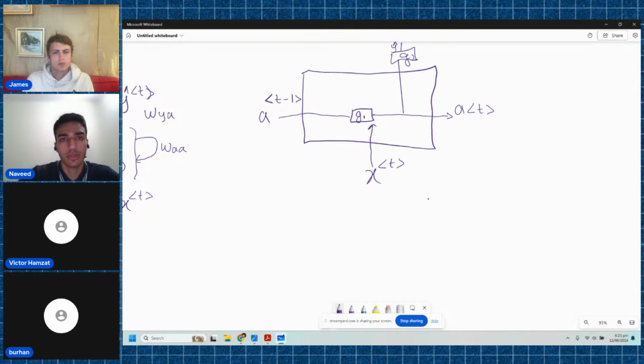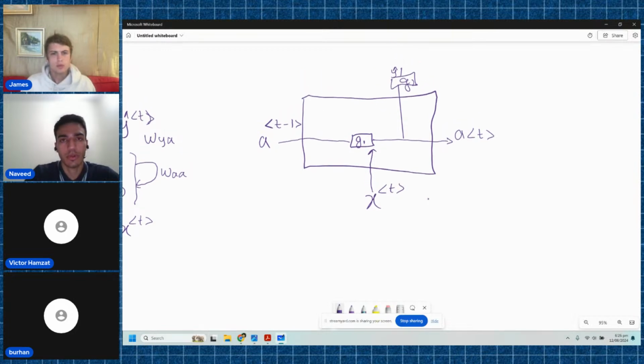This diagram is also common if you read through different blogs explaining RNN architectures. So that's the exact same thing as the equations that you just wrote.